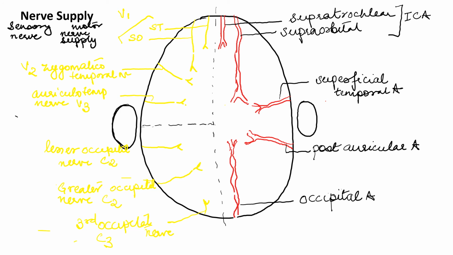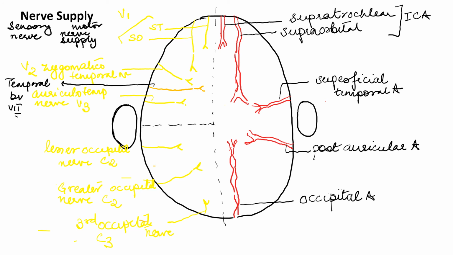Now what about the muscles? The frontal belly of the occipitofrontalis is supplied by the temporal branch of the facial nerve, which is the motor nerve supplying it.